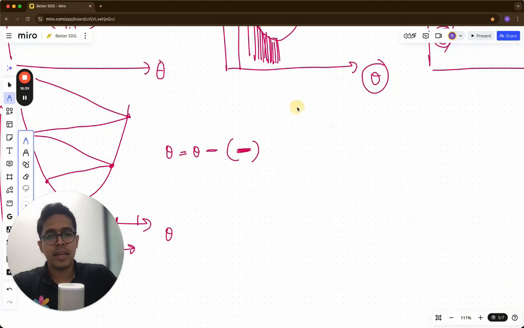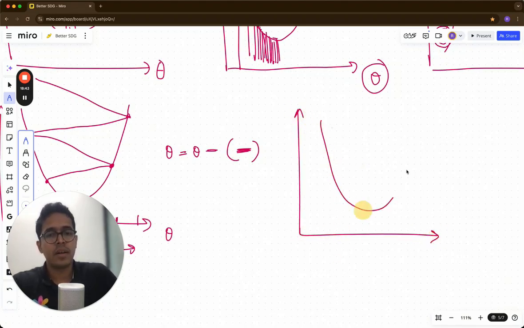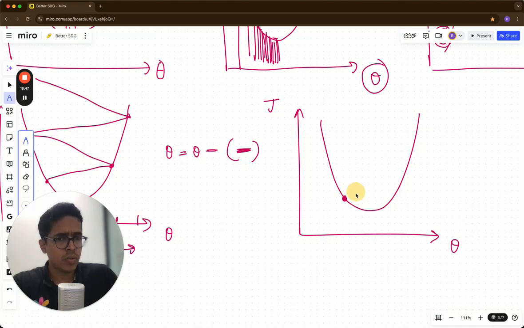Now imagine that instead of using vanilla gradient descent, we are using momentum. So this is J and this is theta. Let's say you're starting from here, you acquire a certain velocity, you slowly start, and due to the big value of learning rate you ended up over here.